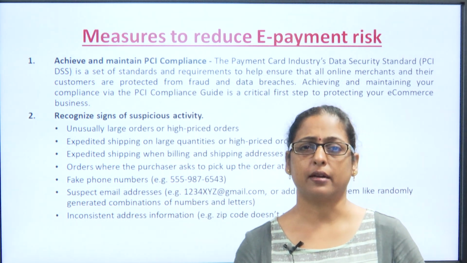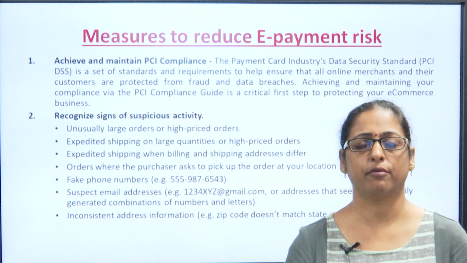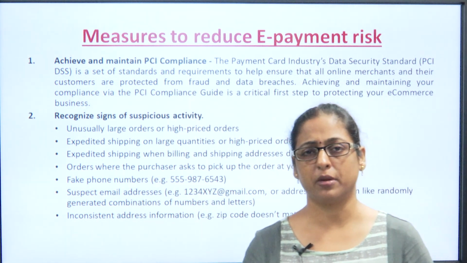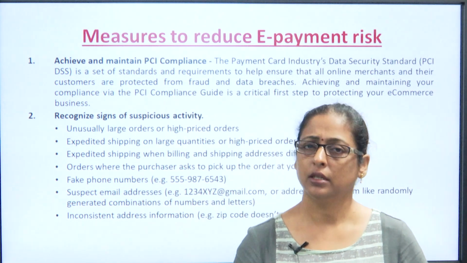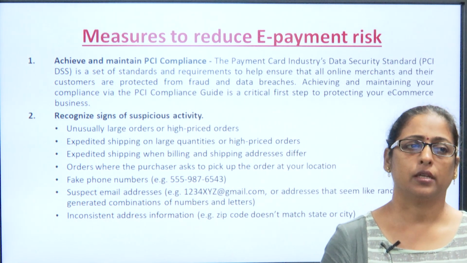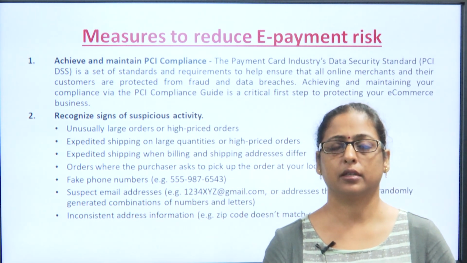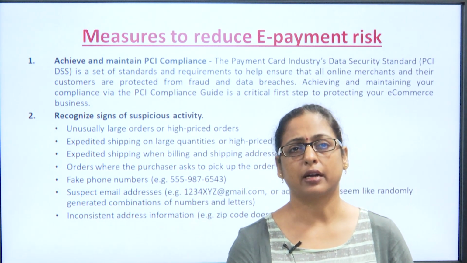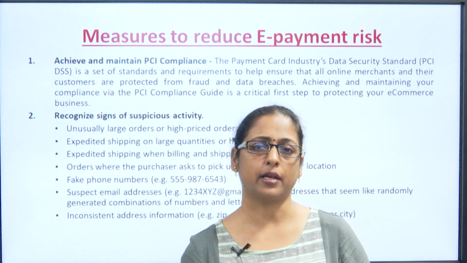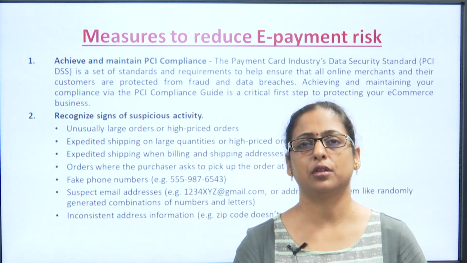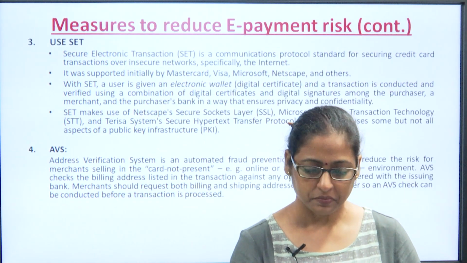There are standards which are set, which are required to be maintained by all the intermediaries, and if they ensure that, then obviously the chances of risk get reduced. Then the companies also say that you need to recognize the signs of suspicious activities, and once you have recognized a suspicious activity, you need to stop the transactions.